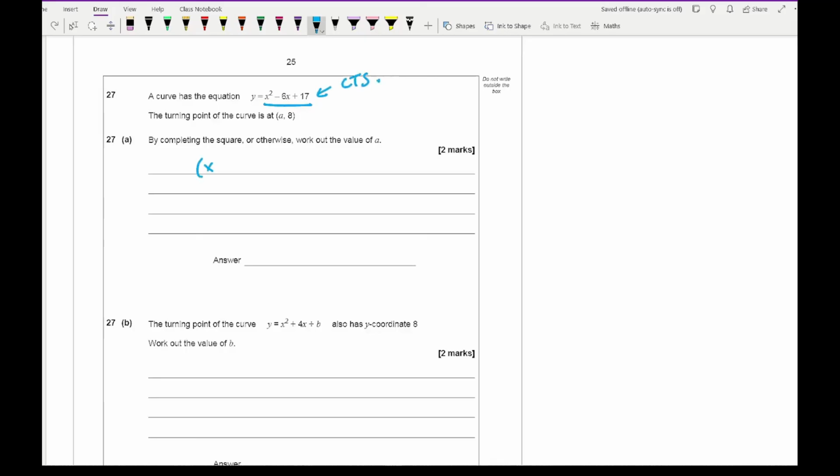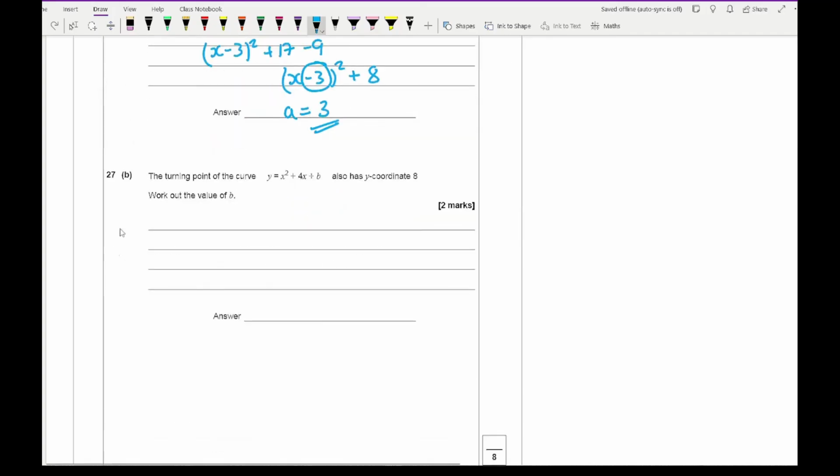I set up my bracket, and halve the minus 6 so that becomes minus 3, and I take away whatever digit is in the bracket squared. So I get x minus 3 squared plus 17 minus 9, which gives me x minus 3 squared plus 8. Then we use the inverse of the digit, that's going to be positive 3, so a equals 3.